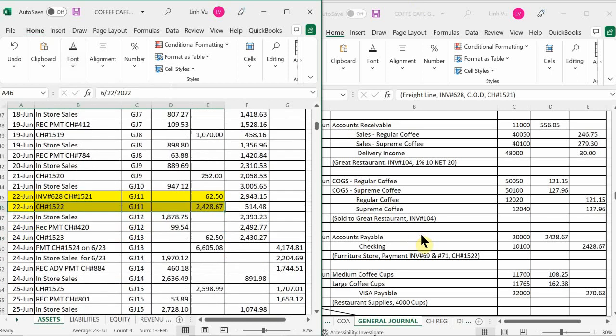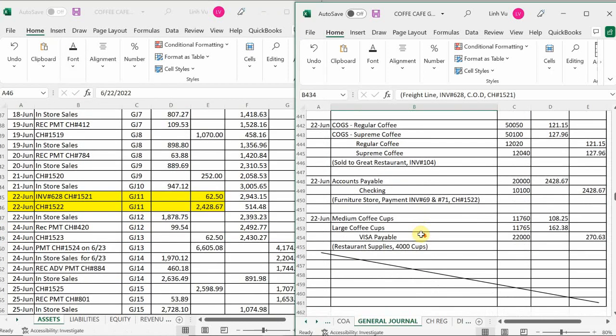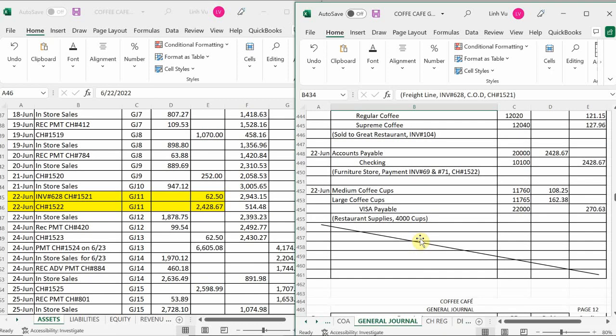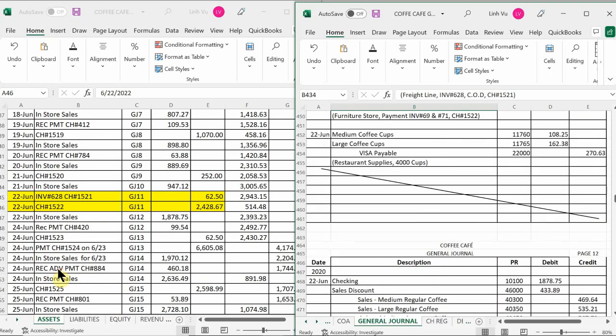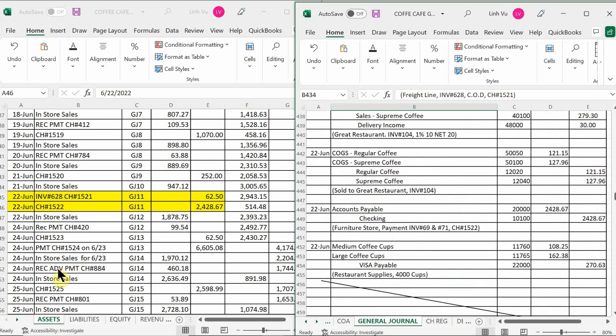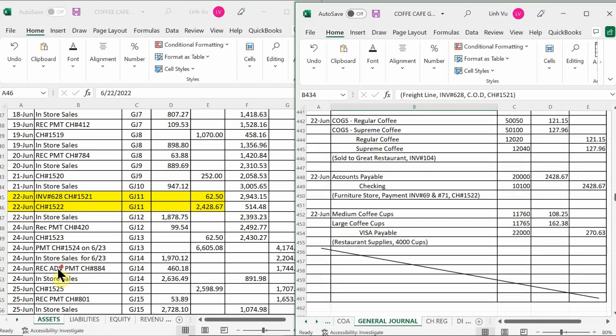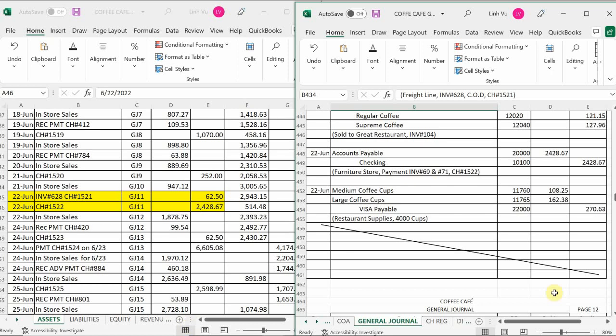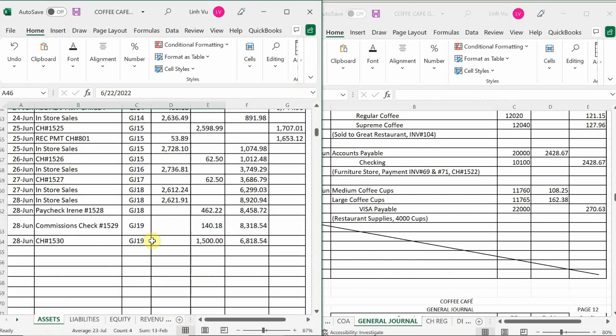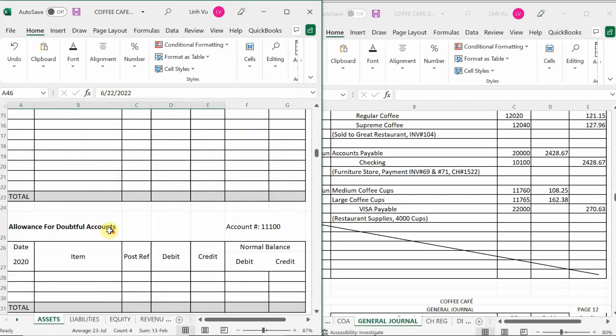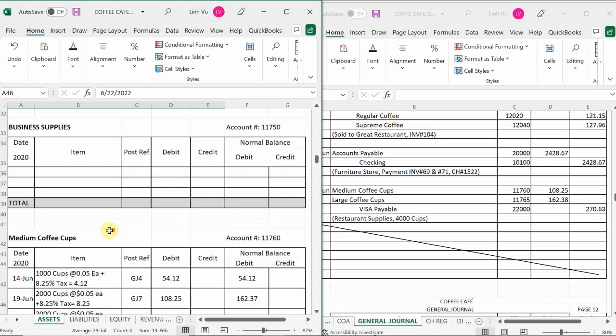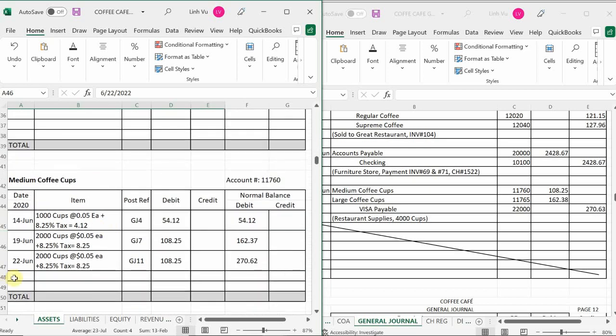Okay. See what's next. Then we have the medium cups and the coffee cups for the Visa payable. Okay, for 108.25 and 162.